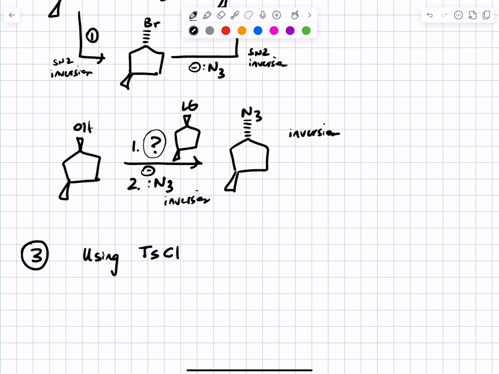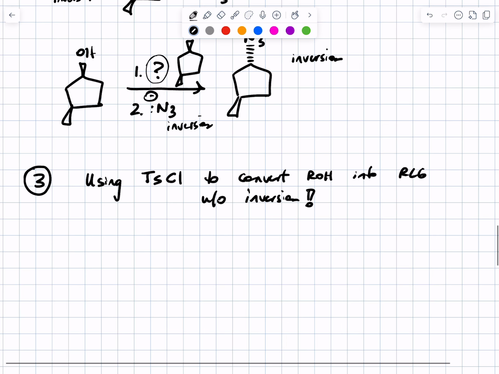Using TsCl to convert, and I'll tell you what that is, ROH into a good leaving group without inversion. And the secret is the carbon that the OH is bonded to in this reaction is not involved and is not attacked in the reaction.